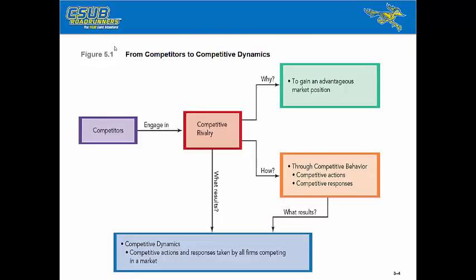The model here is basically that competitors engage in competitive rivalry in order to gain better market position compared to each other through both competitive actions and competitive responses. And all of that results in competitive dynamics and actions and responses taken by all the firms in the market. So we're basically talking about the actions and reactions of various competitors in the marketplace.